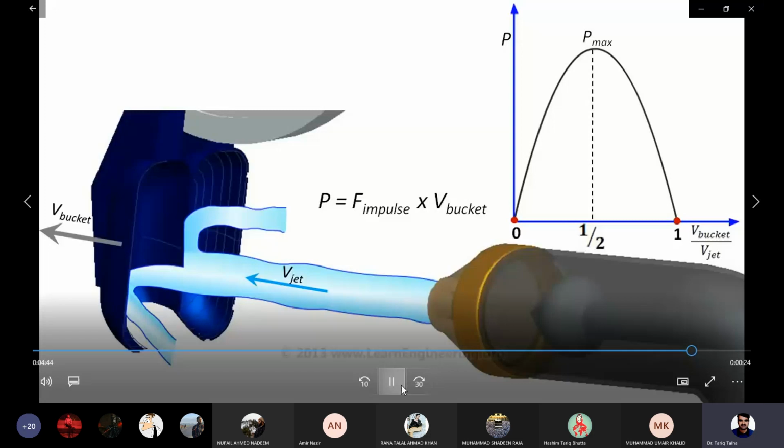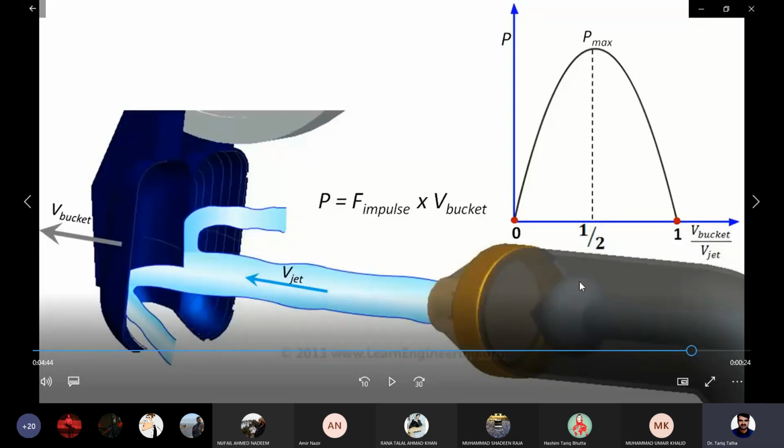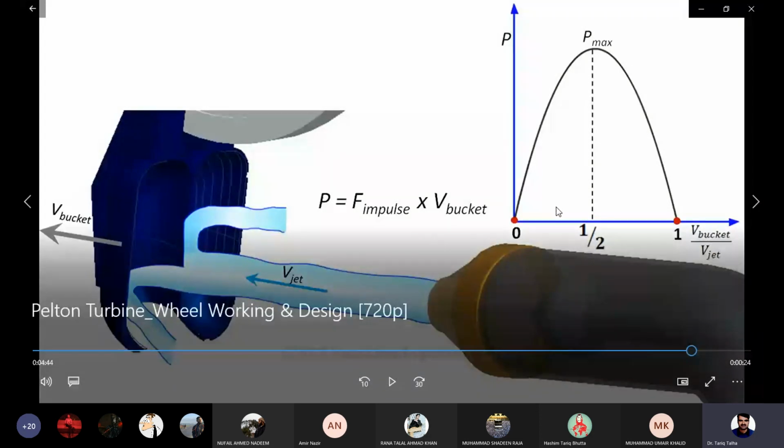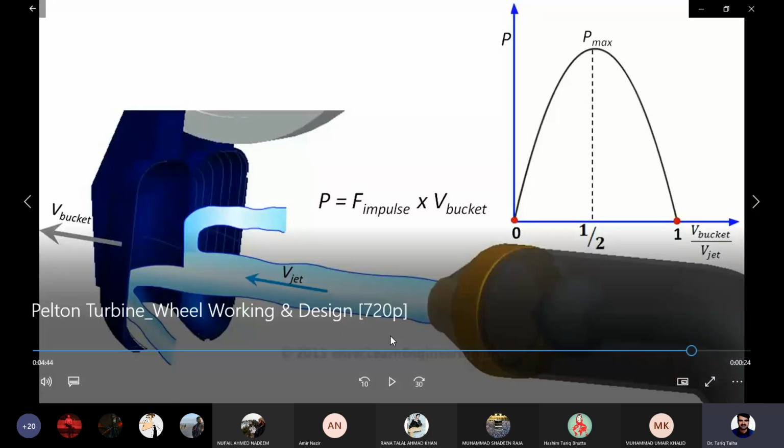So it means that if the bucket is moving with a tangential velocity of 10 meters per second, then to get the maximum power out of this Pelton wheel, the jet velocity should be 20 meters per second, right? So in order to have the best power performance of the Pelton wheel.